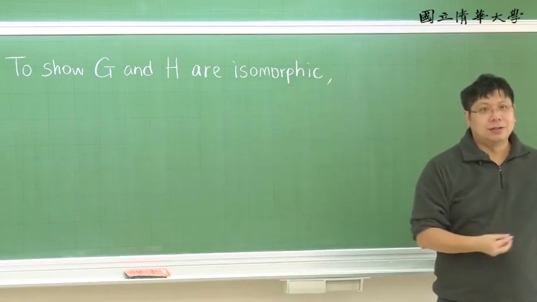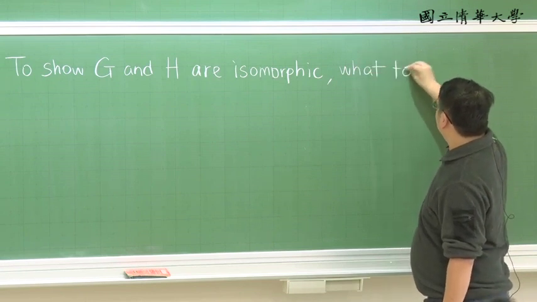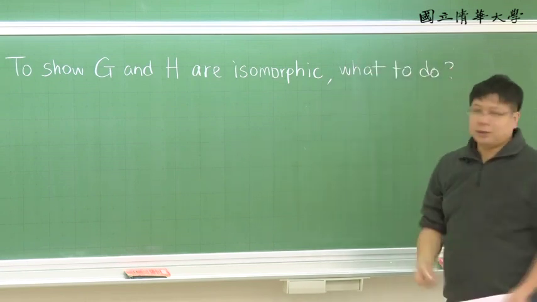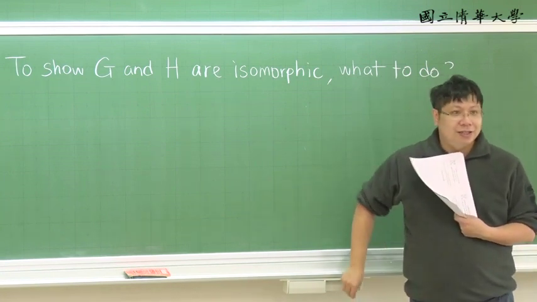What should we do? If I have two graphs and I want to show that they are isomorphic, what should we do?